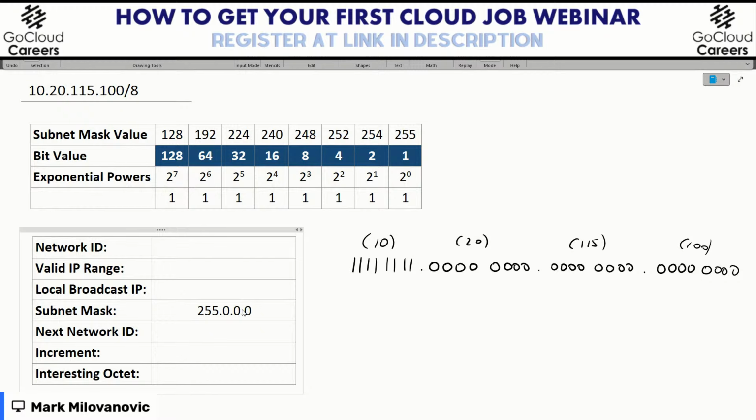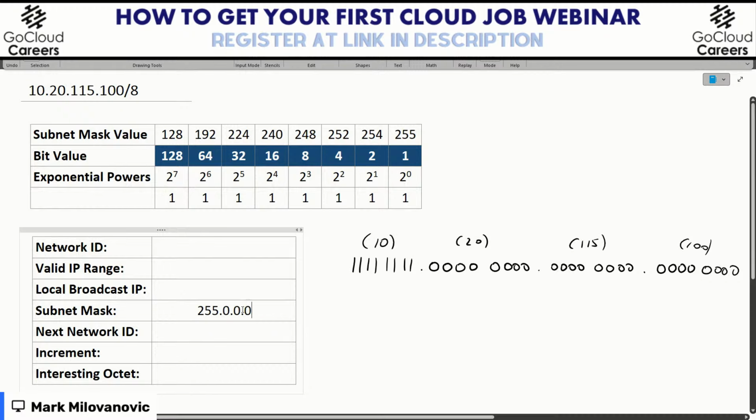And that's how we come up with the prefix length or the subnet mask, and we're doing the conversion. The reason I'm showing you this is that you might be on a test where they're quizzing you, and you might not get a prefix length or CIDR notation like a /8 or /12 or /18. They might just give you a decimal notation that you have to figure out what it actually is.